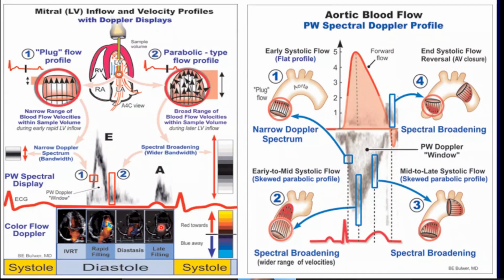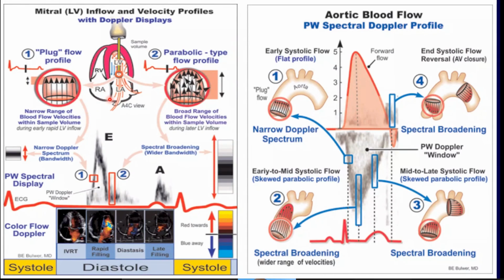But towards the end of diastole, the left atrium contracts and contributes to about 20% of the left ventricular filling, producing the A wave. So we have 4 components in the diastole: the isovolumetric relaxation period, rapid filling period, diastasis, and late filling. And all this can be measured using the pulse wave Doppler.